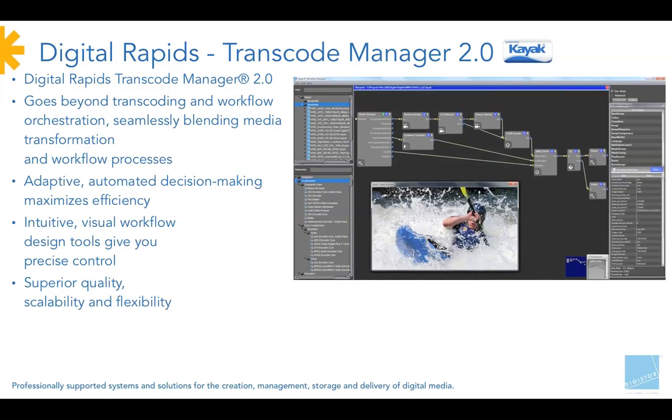So in the Transcode Manager interface, you can say, well, if it's got a slate, then you need to email me. If it's coming through at the wrong aspect ratio, then you need to initiate this step or make a notification, or you need to submit it to a different workflow in order to rectify. So the logic behind it makes a lot of sense, and is what I think sets it apart from a lot of the other vendors.